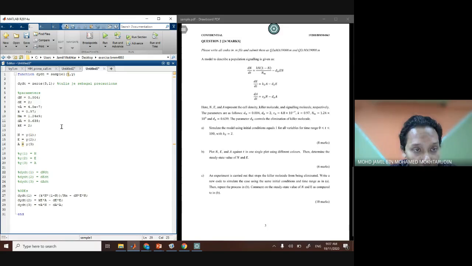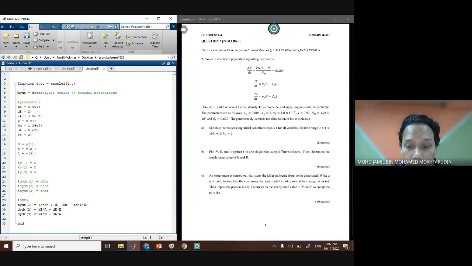Okay, lengkap dah untuk function ODE, semua ada. Okay, three equations, you have three equations, you have parameters. And then you need to write the calling function.